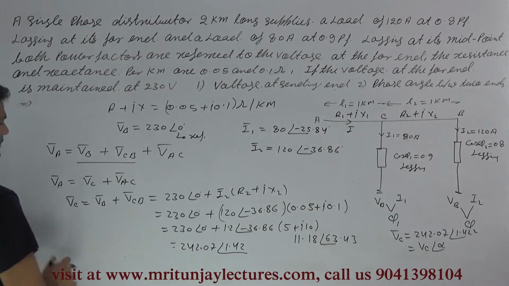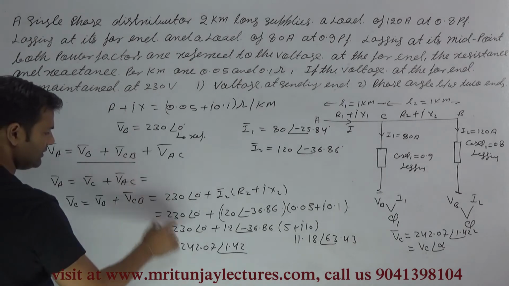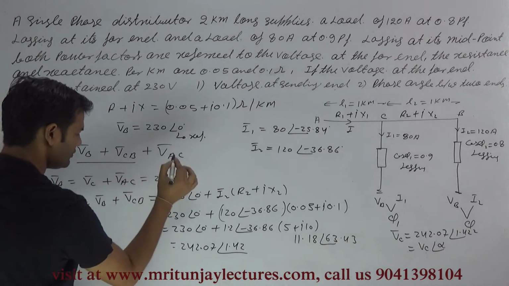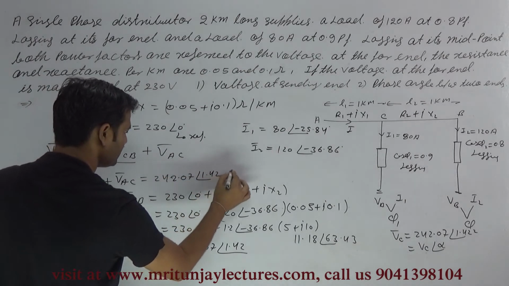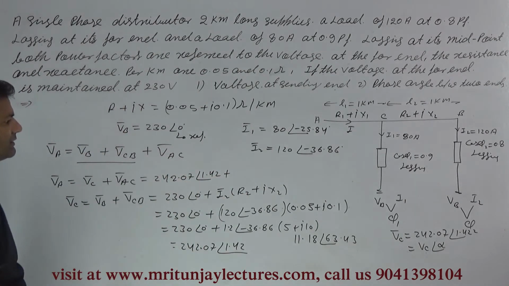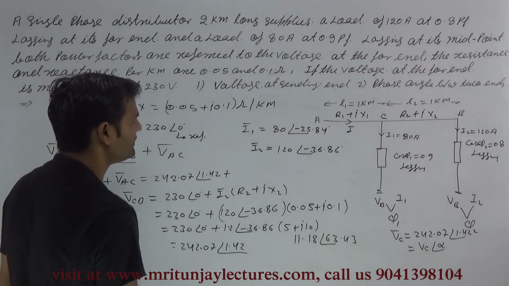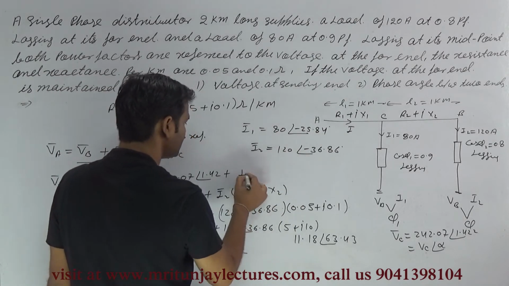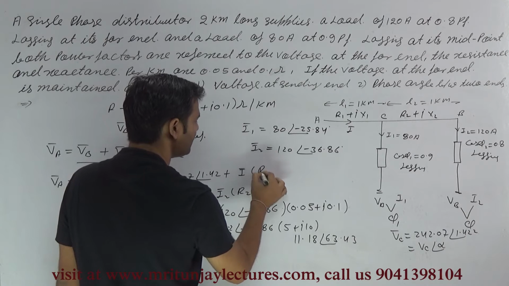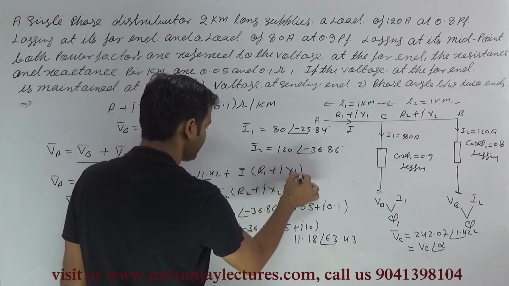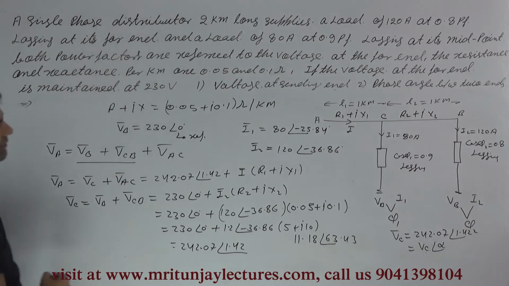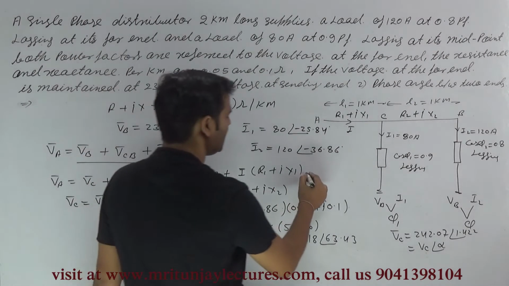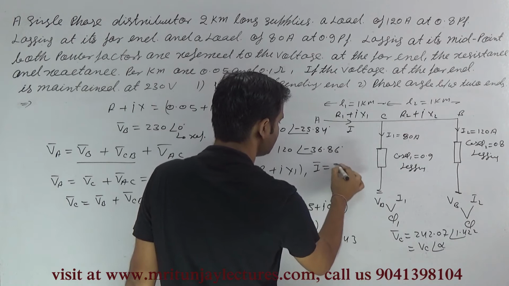Now our next target is 242.07 at the angle 1.42 plus V of AC. V of AC is I into R1 plus jX1. How can we determine it? First of all, determine I. I is I1 plus I2.